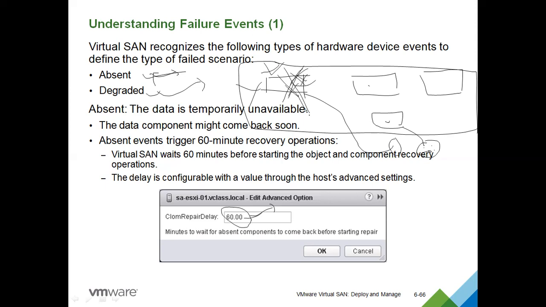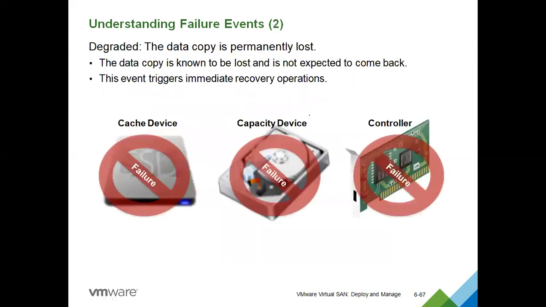All these are considered absent states. So these are failure events, complete failure, right? The data copy is permanently lost. Okay, the data copy is known to be lost and not expected to come back.